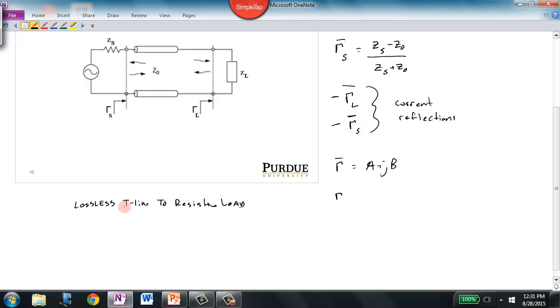Lossless implies that Z0, which is normally complex, R0 plus jX0, the characteristic impedance, is purely real.